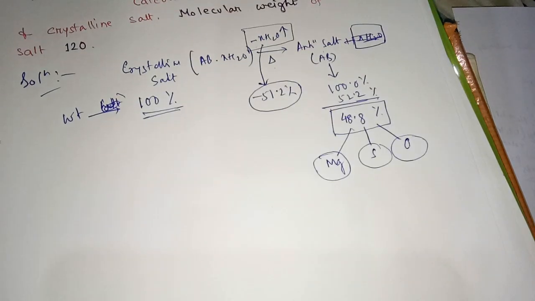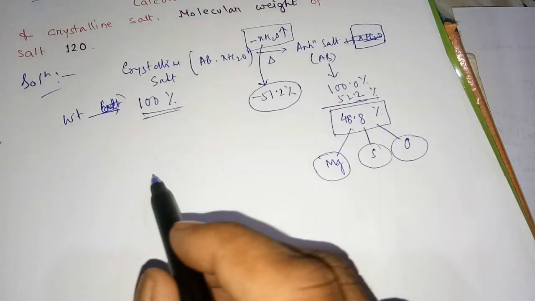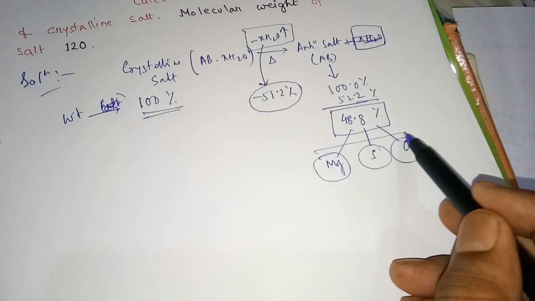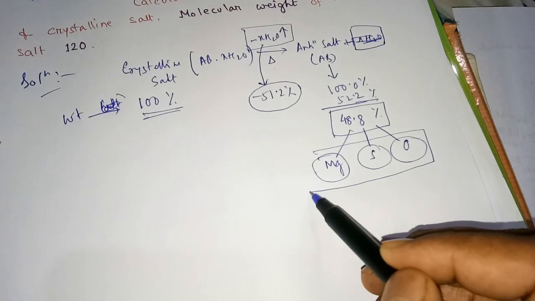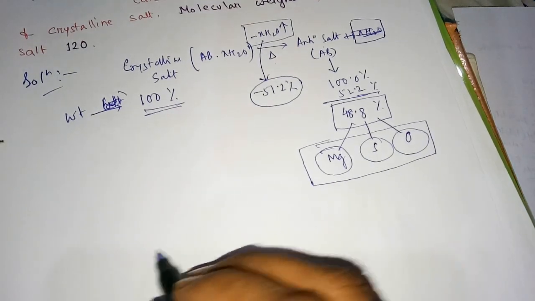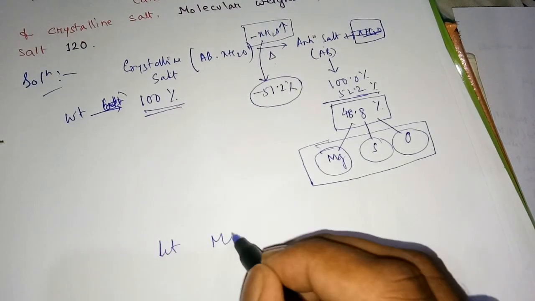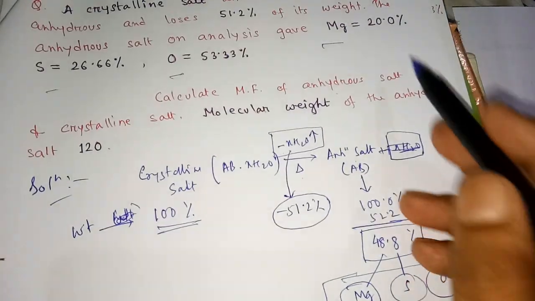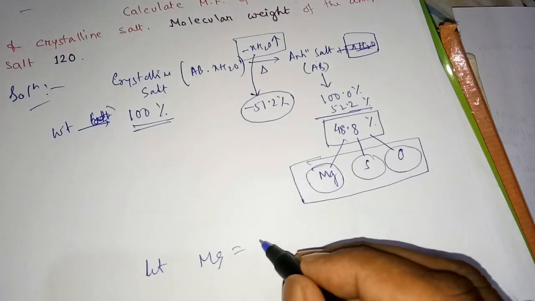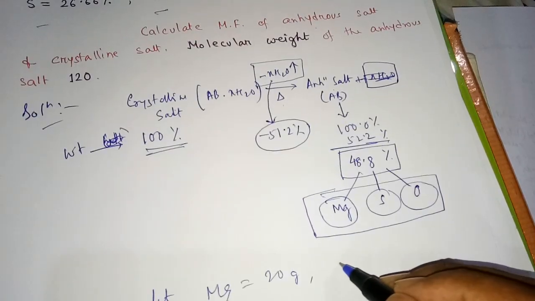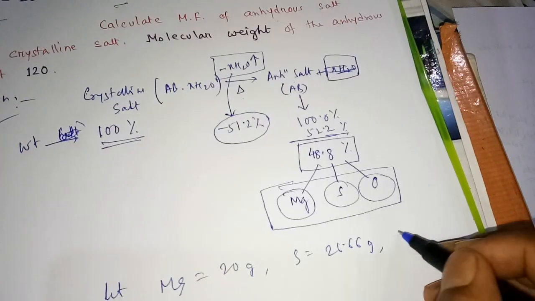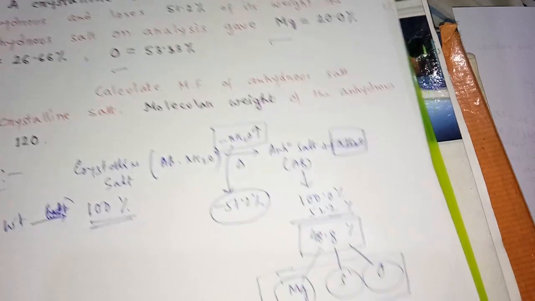Initially you have to find from this the empirical formula. So let magnesium be 20 gram, sulfur 26.66 gram, and oxygen 53.33 gram.